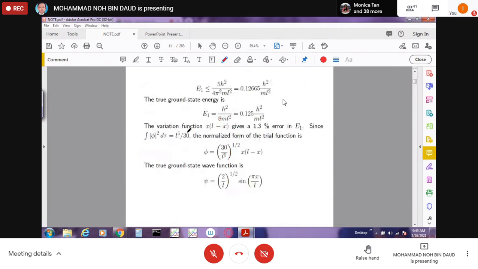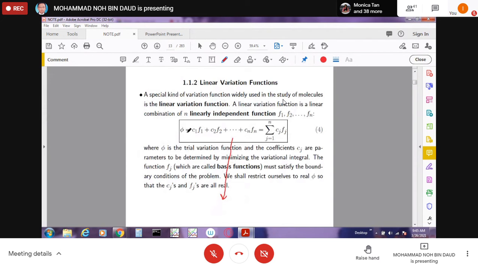For instance, if we have only one basis function, we can construct a one by one matrix with this approximate energy.